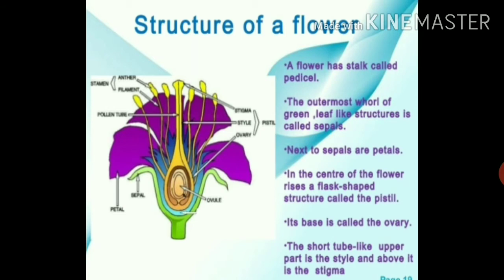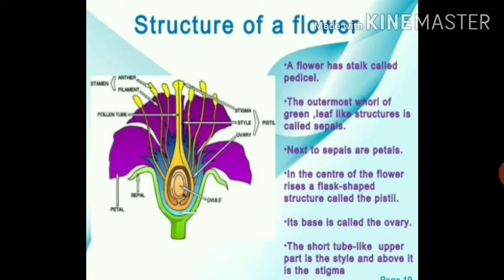And what is pedicel? I hope you remember a flower has a stalk called pedicel. So these terms are very important. Remember all these terms. Next to sepals we have petals.